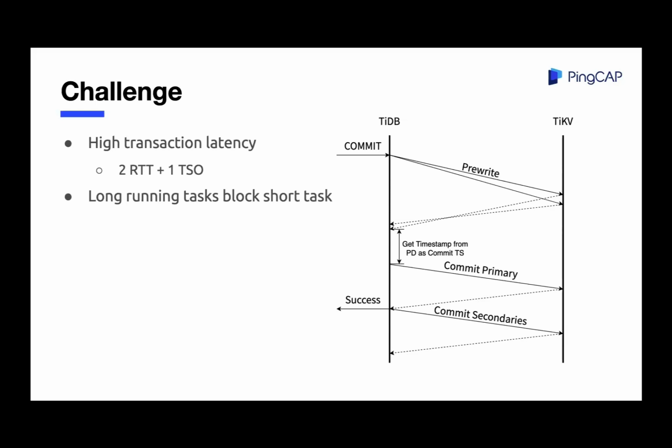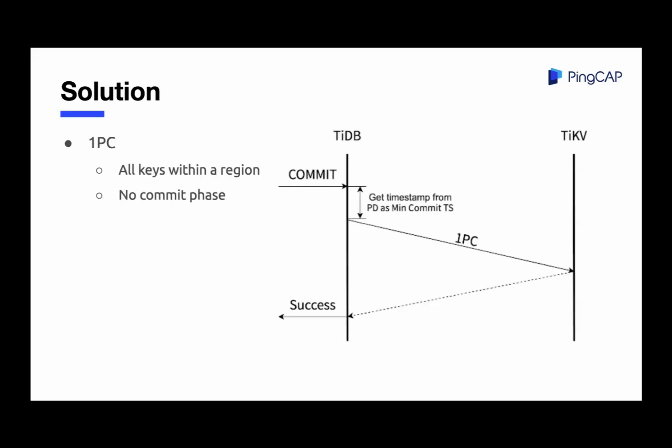But what if all the keys are located inside one region? In this case, we don't need two-phase commit, so we introduce one-phase commit, because TiKV itself can guarantee the atomicity of a write.